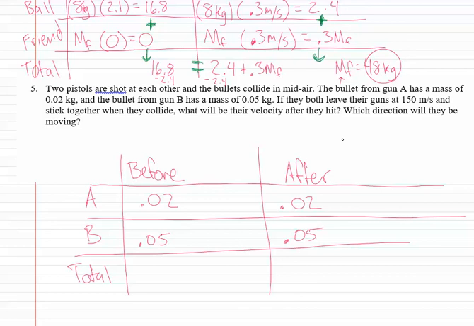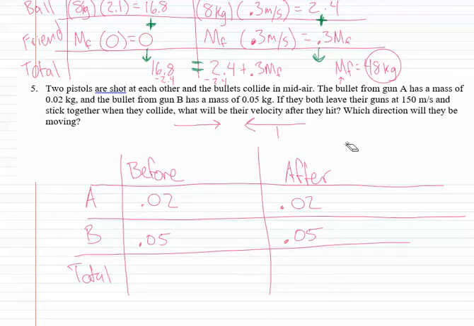And they both leave their guns at 150 meters per second. Now here's the trickiest part of this question. If they're being fired at each other, one of them must be going this way and one must be going that way. It doesn't matter which one you assign to a positive number and which one you decide to make a negative number. You can make the one going to the right positive, or you can make the one going to the left positive.